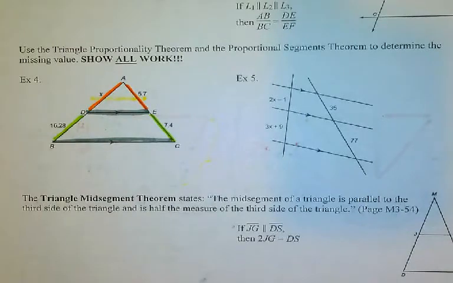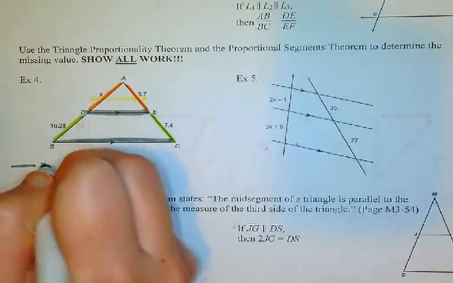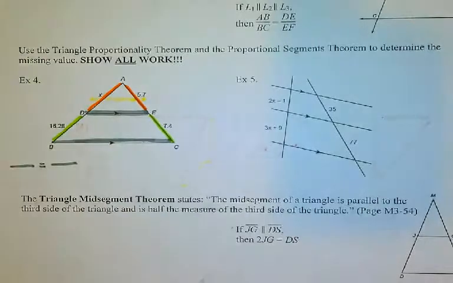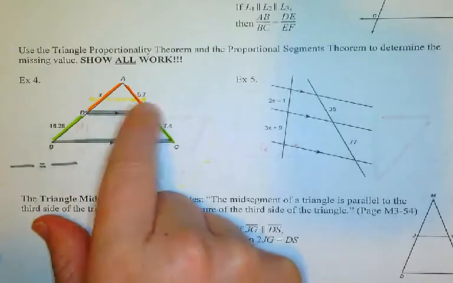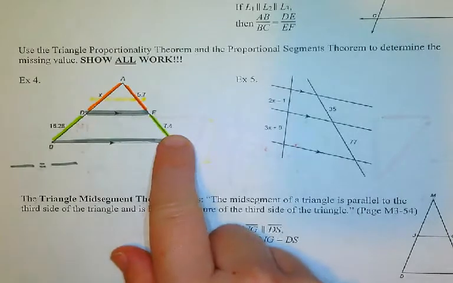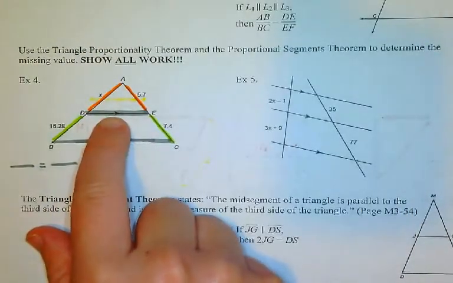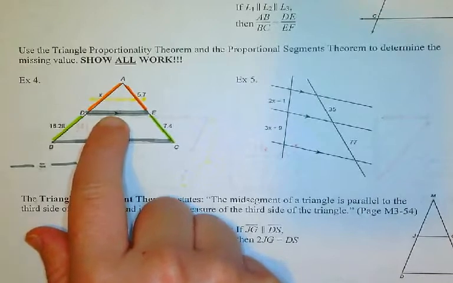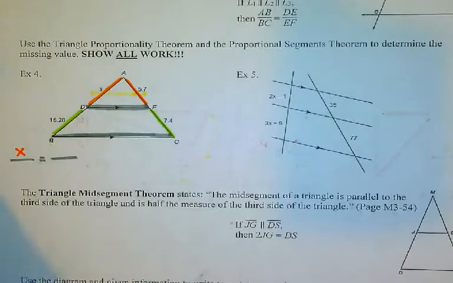Alright, so I'm going to go ahead and set this up. And again, lots of ways you can set it up. You can set it up as x over 5.7 because they're both orange, and then 16.28 over 7.4. Or I like to set it up using this as my fraction bar. So I'm going to do x over 16.28.